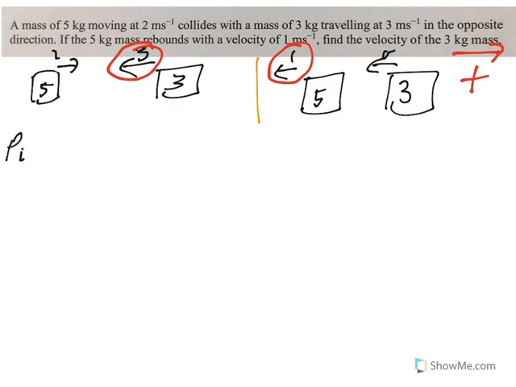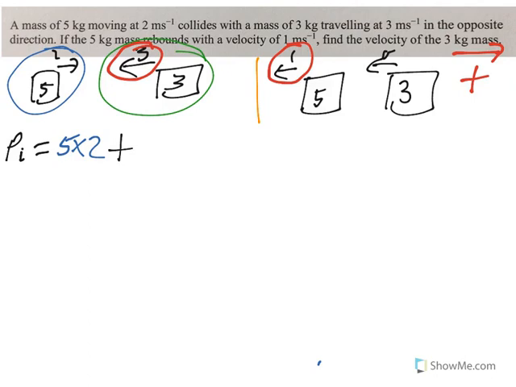Initial momentum: we've got this one here, which is 5 times 2, plus we've got this one here, which is 3 times, and don't forget this velocity is in the negative direction to the left, so times -3. So 10 minus 9 is equal to 1.